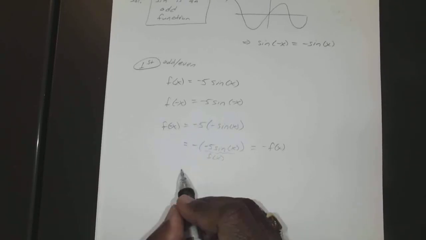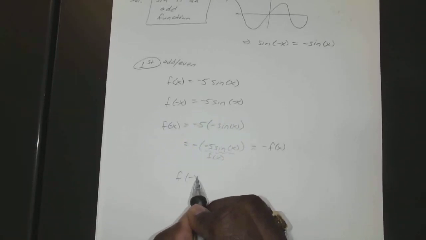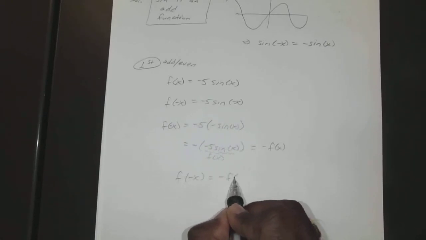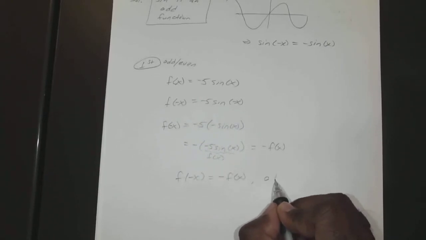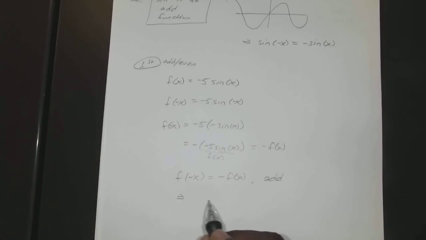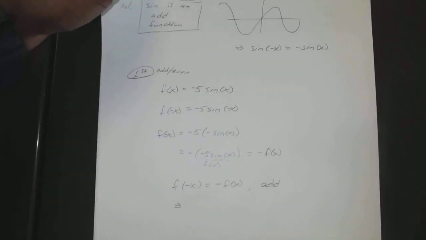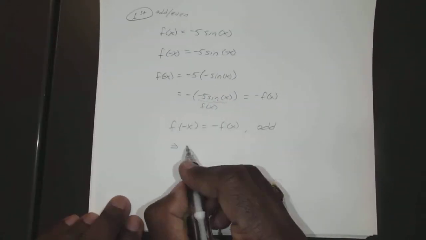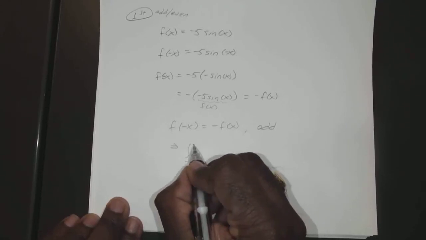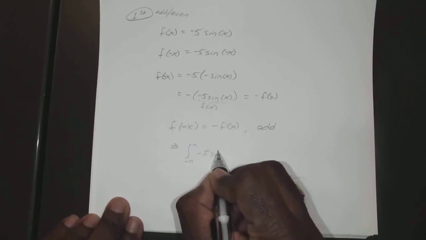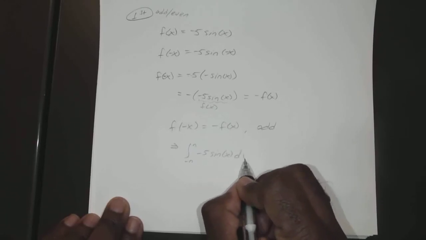Okay, so when f of -x equals negative f of x, it's odd, so that means the integral from -n to n of -5 sine of x is equal to 0.